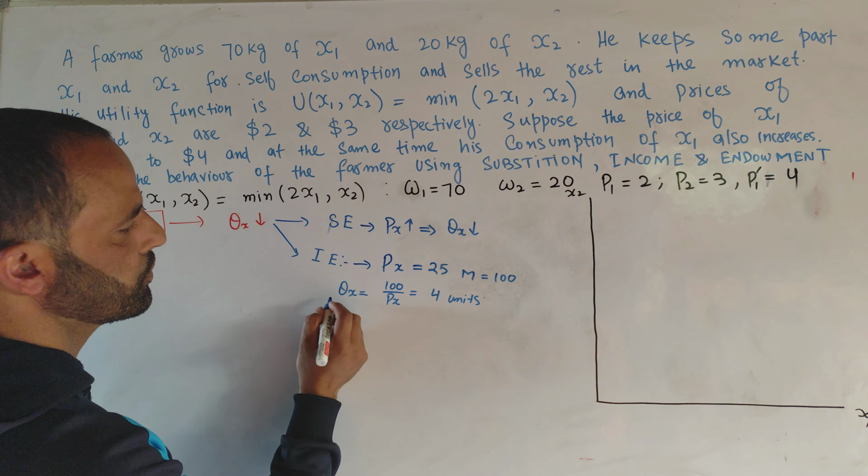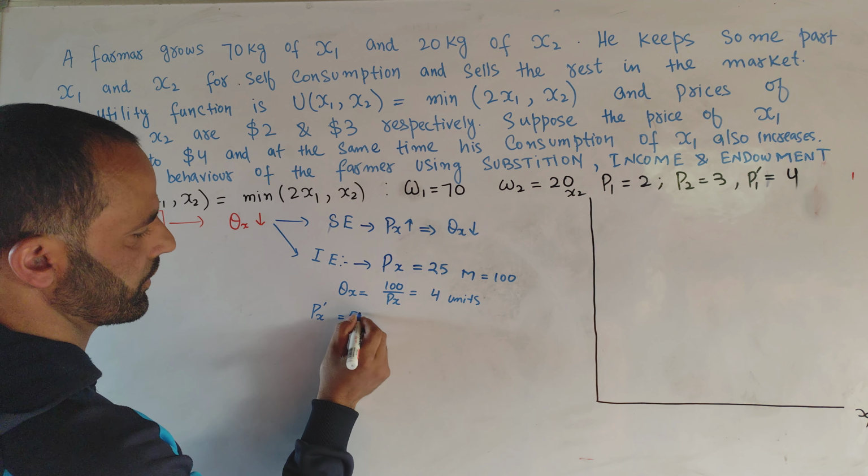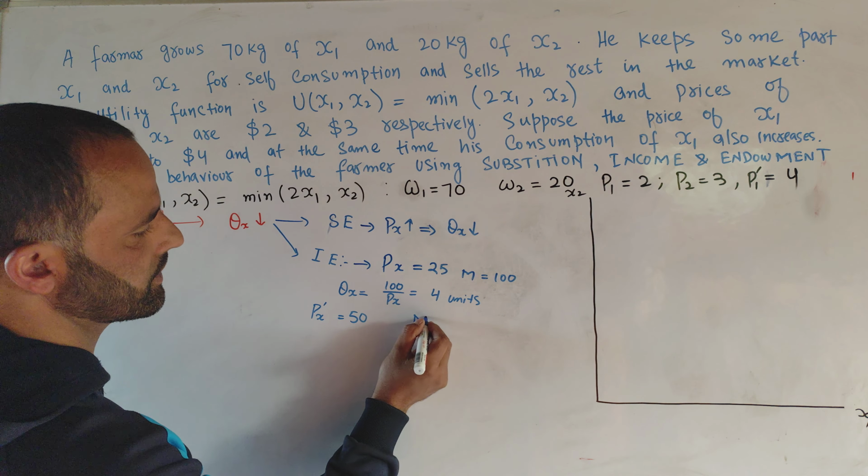Now let us suppose the price of X has increased to $50. Income is again the same, which is 100. Now how much will he consume? Nominal income is the same, 100, but the price of X has increased.